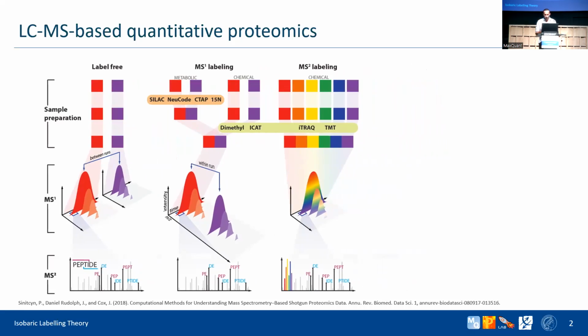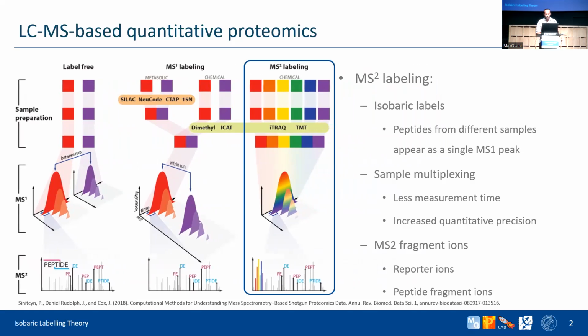So in short, we have peptides from different samples coming into the MS1 spectra as a single peak. We have less measurement time. We have increased precision, but not necessarily increased accuracy. And we have in the MS spectra not just the peptide fragment ions, but also what we call the reporter ions, which are used for quantification.